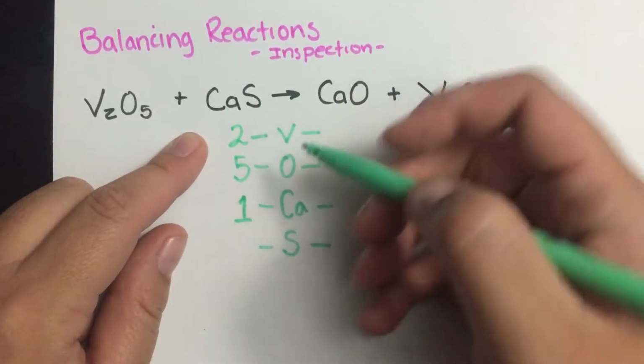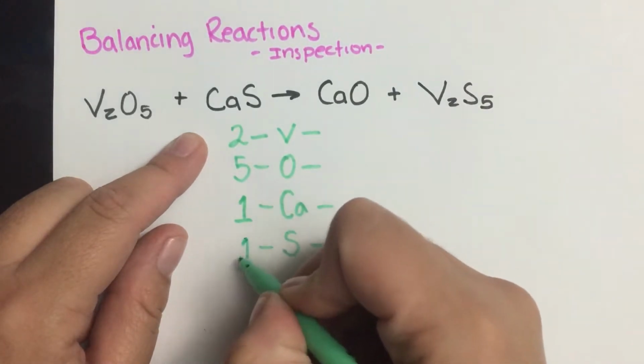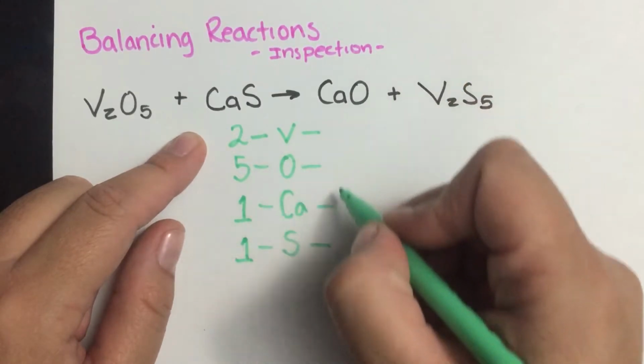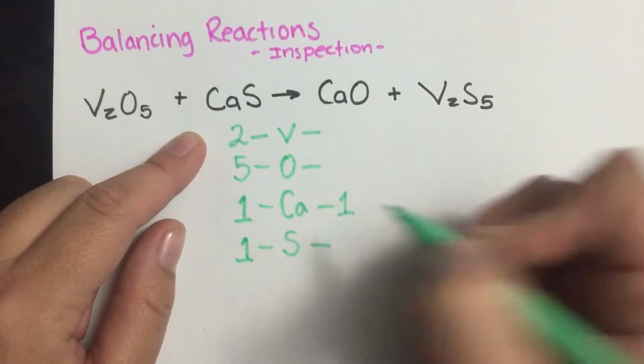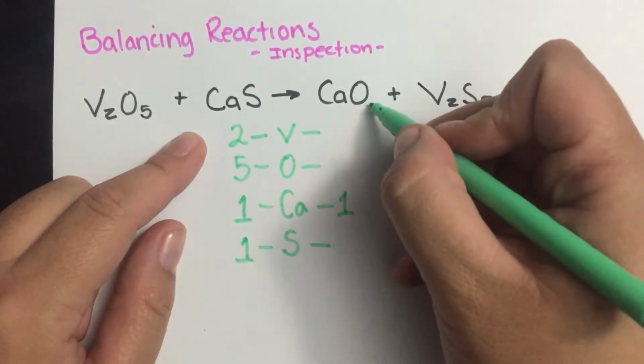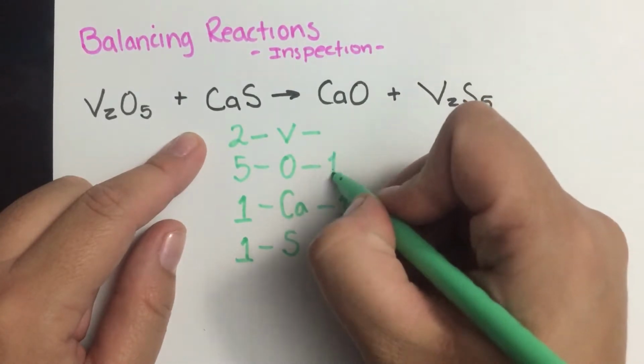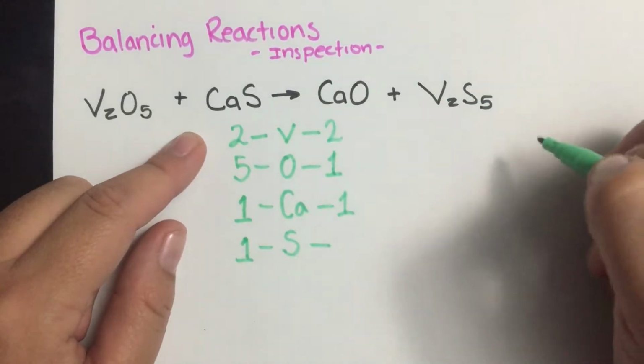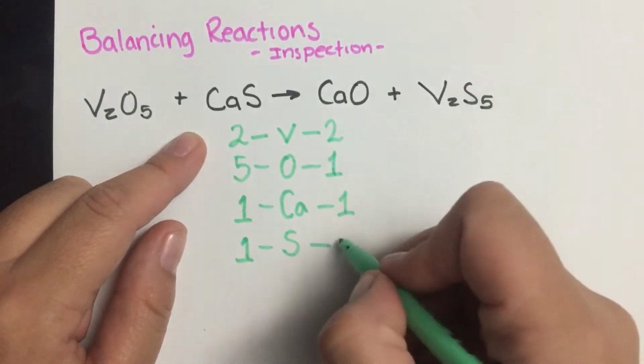Sulfur, 1, same thing, it doesn't say, so you have 1. Now on the product side, you have 1 calcium, 1 oxygen, 2 vanadiums, and then 5 sulfurs.